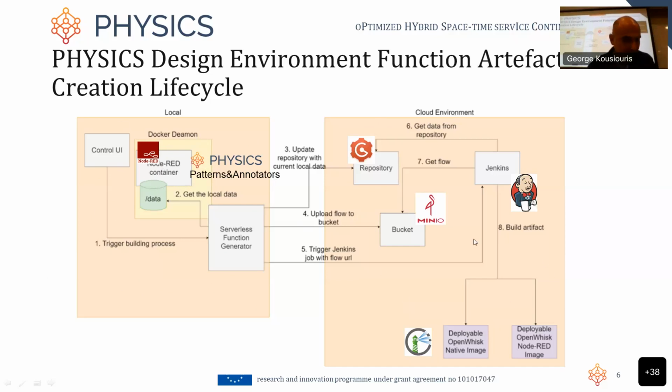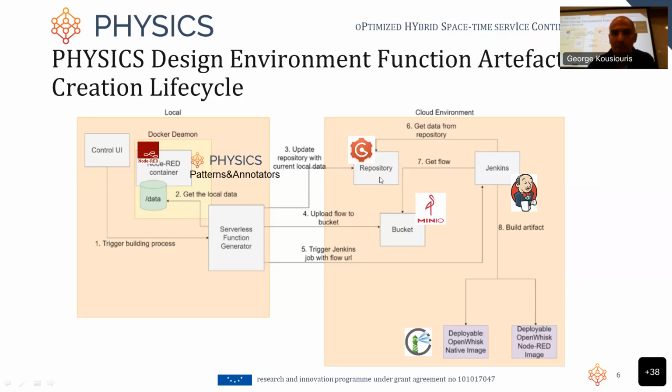So when the developer creates their flows inside the Node-RED environment, at some point they need to finish and create a deployable function. In that case, they trigger the building process. The building process pushes the local data to the central repository, which is based on Gogs.